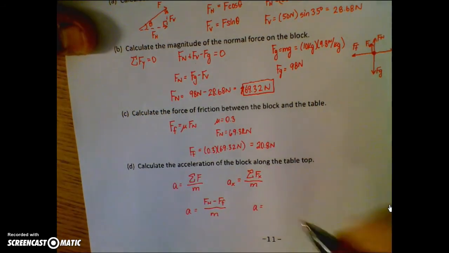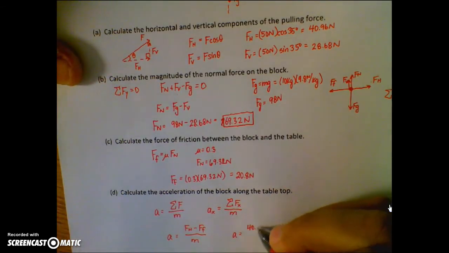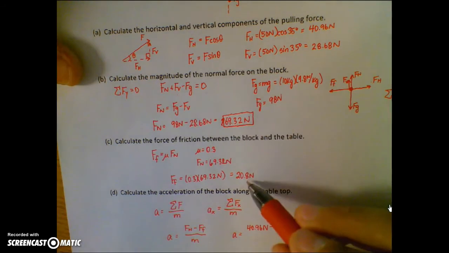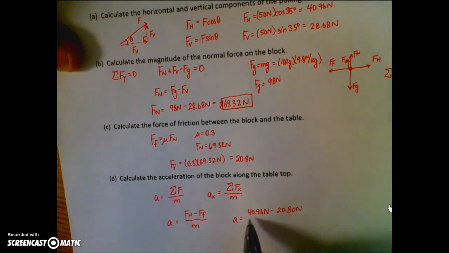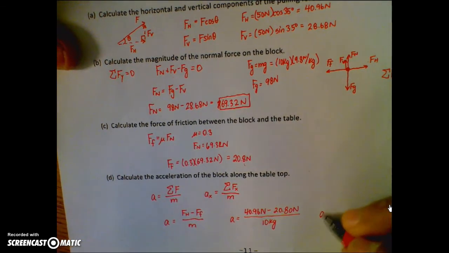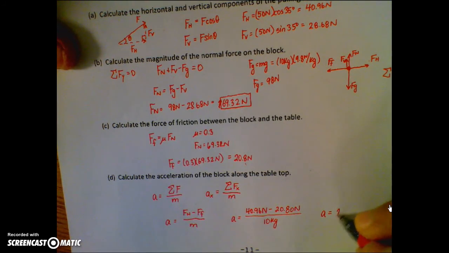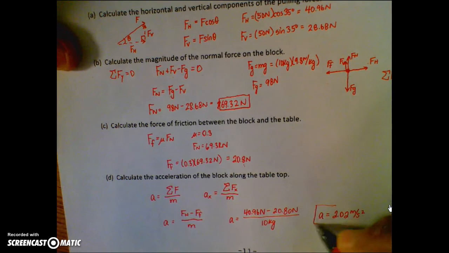I have all of these values. My force horizontally is 40.96 newtons. My frictional force is 20.80 newtons. And my mass is 10 kilograms. So then I get an acceleration rate of 2.02 meters per second squared.